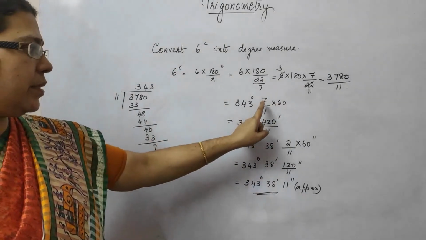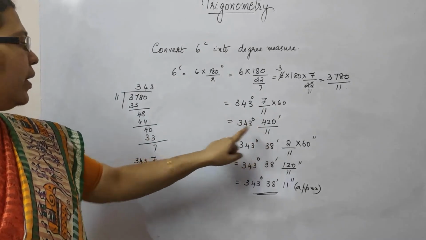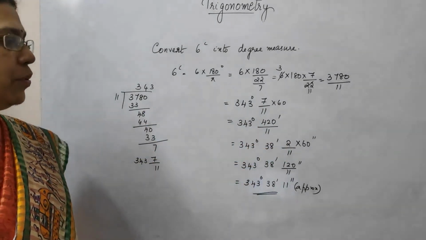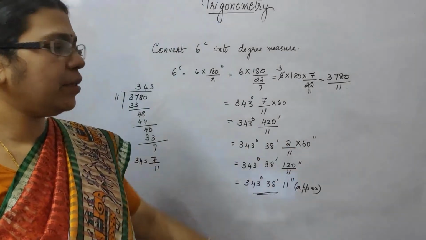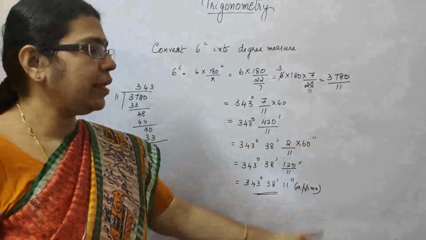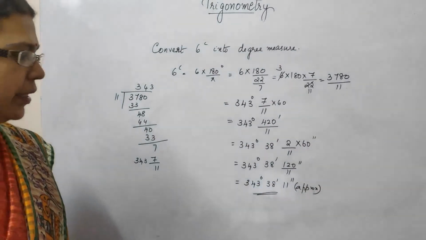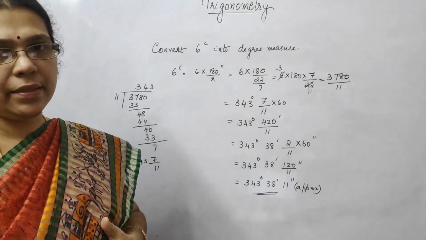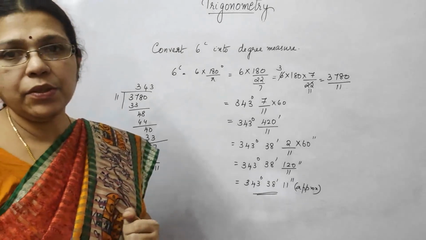So 6 7s 42, 0 divide by 11 again. So again when I divide, I get the quotient to be 38, remainder to be 2. So I'll write it as 38 minutes and 2 by 11 into 60 seconds. That remainder part or the fractional part here I am putting into seconds form. So ultimately I'll get it as 343 degree, 38 minutes and 11 seconds. So this is how I convert 6 radian into degree.